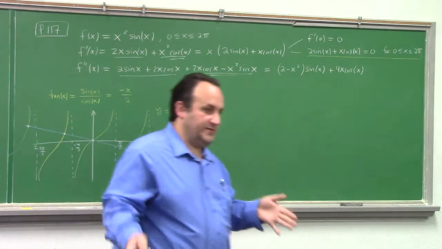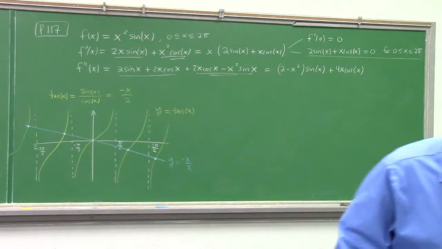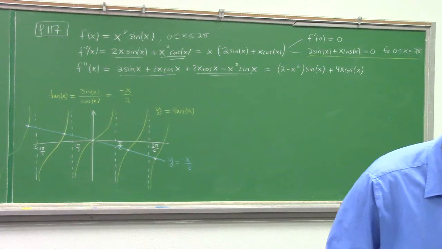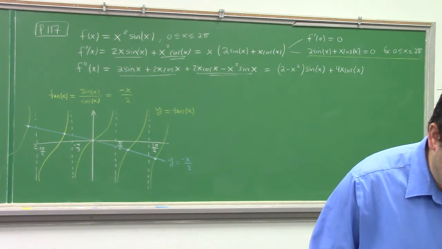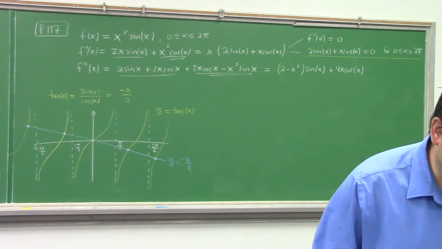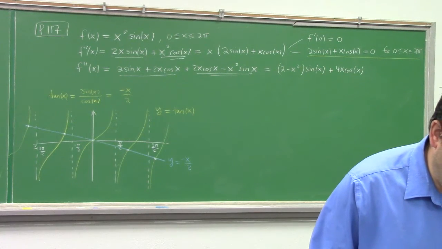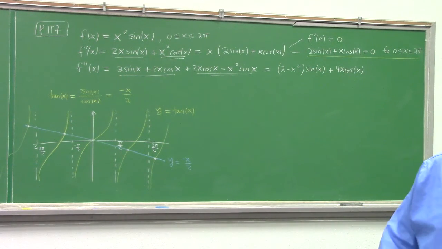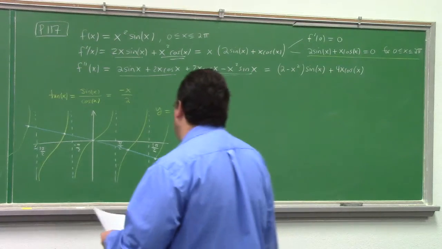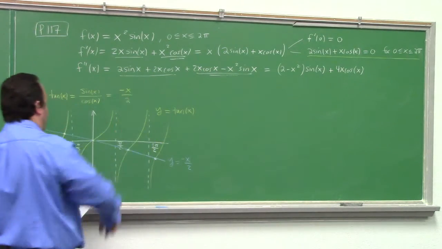And I can't find those numbers without using a graphing calculator or Desmos. And when I do that, I found out that there's only 3 actually. And the other 2 that I have pictured are actually beyond the, excuse me, 0 to 2 pi, right? I'm drawing too much.